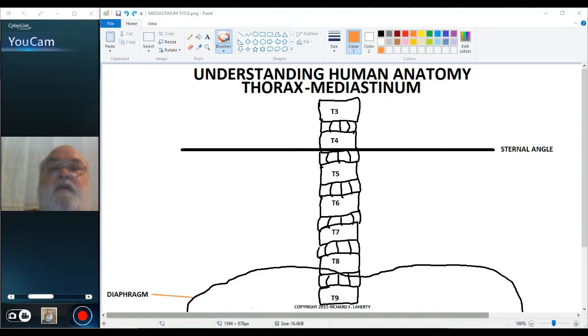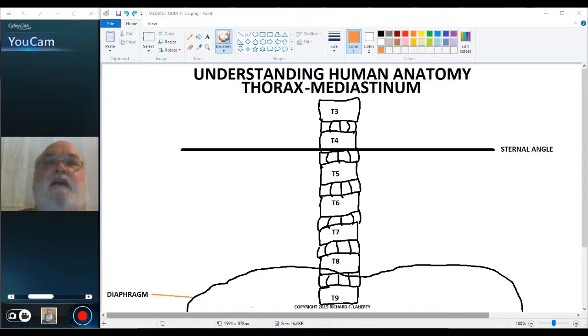Recall that when I was talking about the thoracic wall in a previous video, I mentioned that when you looked at a cross-section through the thorax, the thoracic cavity is heart-shaped, and that there is a gutter on each side of the vertebra. One of the things we're going to find in that gutter is the sympathetic chain ganglia.